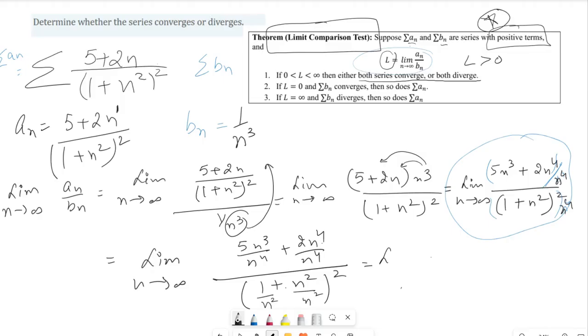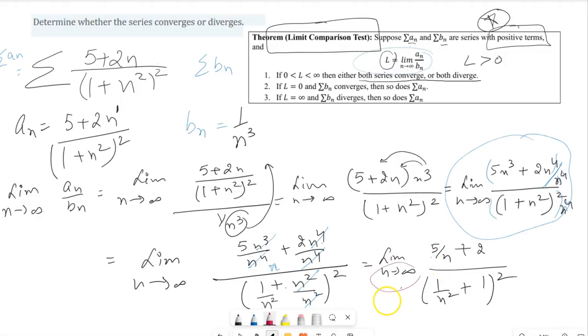When I simplify this, you notice that in n cube, 3 factors of n will cancel, only 1 factor of n will be left. Here all 4 factors of n will cancel. Here all 2 factors of n will cancel. So let's see what we have: 5 by n plus 2, divided by (1 by n squared plus 1) squared.